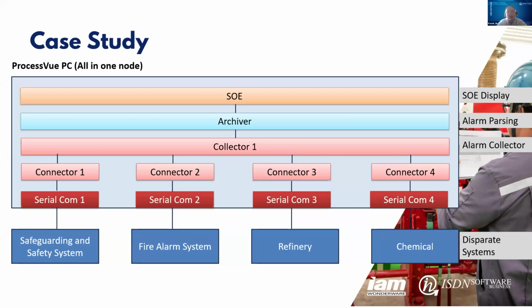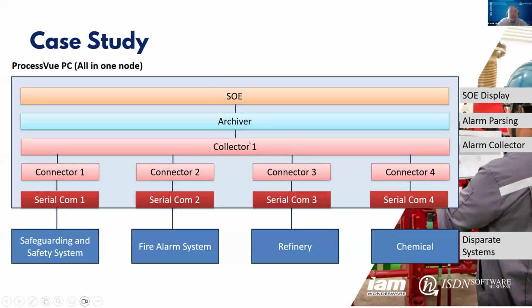It's just a connector used to connect your input types, here being serial communication 1, and this connector 1 here is for ProcessVue. Next, we have the alarm collector. The collector here encapsulates all these different connectors together into one. So you can see here.